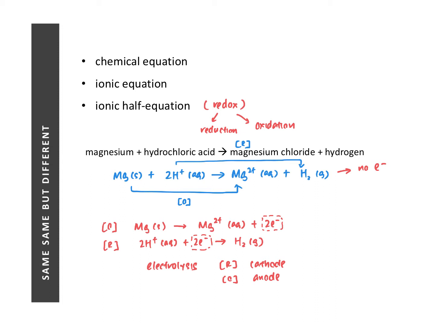And how do we get an ionic equation from ionic half equations? We combine the two half equations. If you can recall, in the topic of electrolysis, how do we combine the half equations? We make sure that the number of electrons on the left and on the right are equal. So over here we have 2 electrons on the left, 2 electrons on the right, they are equal. We can combine them together, and when we combine the two equations together, essentially we get our ionic equation.